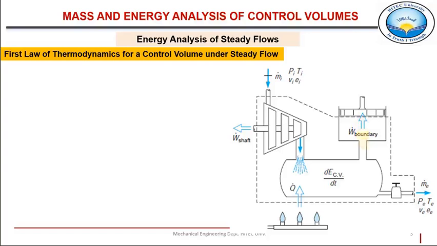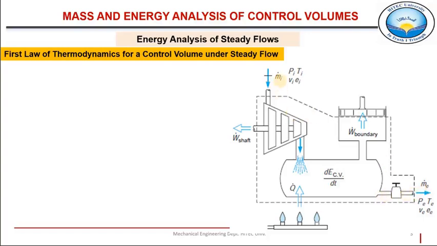So this is shaft work. Here this is moving boundary work, which we have already studied. And here is the energy entering in the form of mass, because now it is a control volume, so mass must be entering into this control volume, and mass must be leaving out of this control volume too.